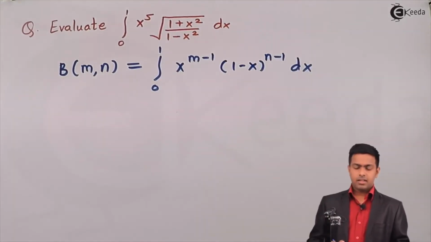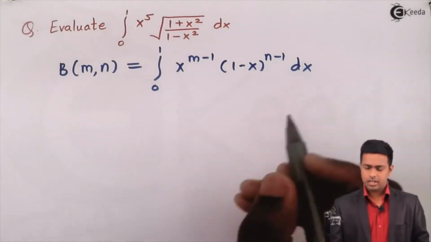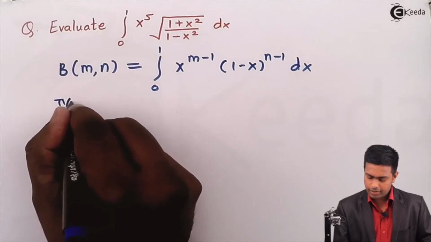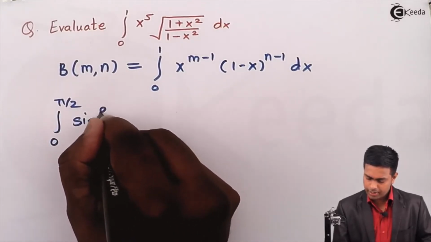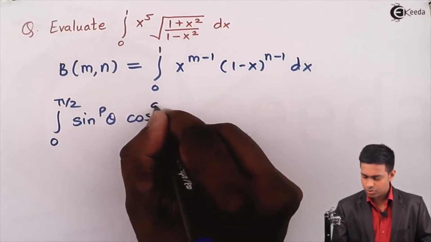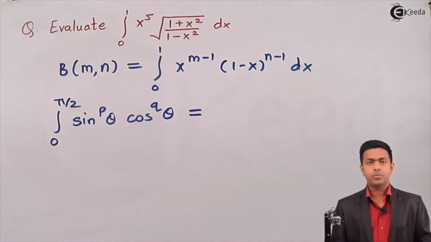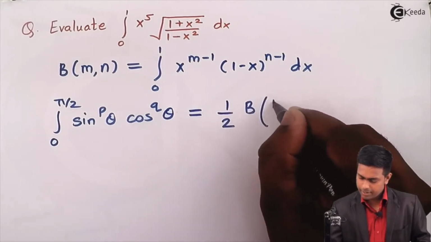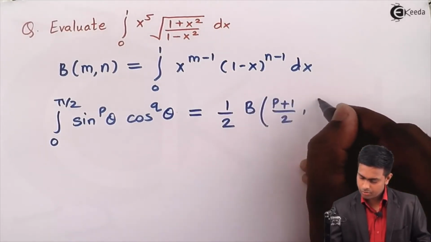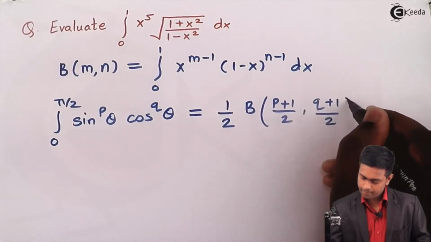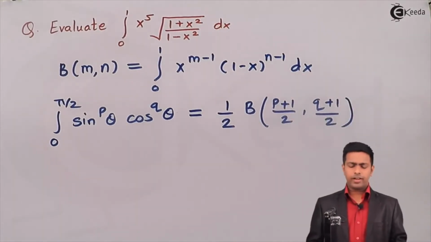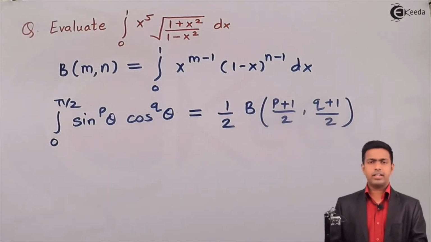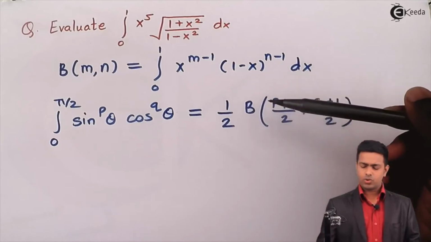And the second one is integration from 0 to pi by 2 sine raised to p theta cos raised to q theta equals 1 upon 2 beta of (p plus 1) by 2 comma (q plus 1) upon 2. These are the two definitions of beta, and we have one more definition from 0 to infinity. But for this question, I'm going to consider these two definitions.